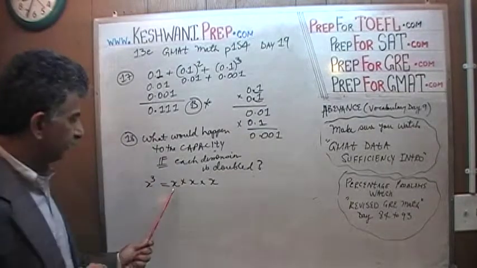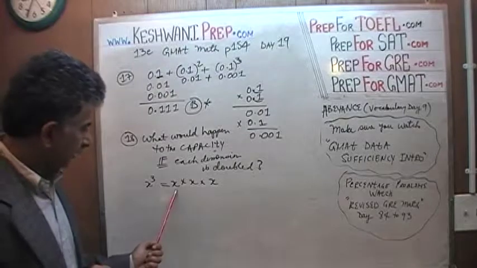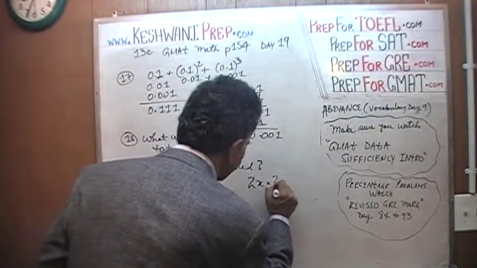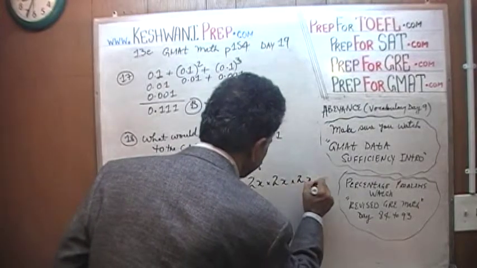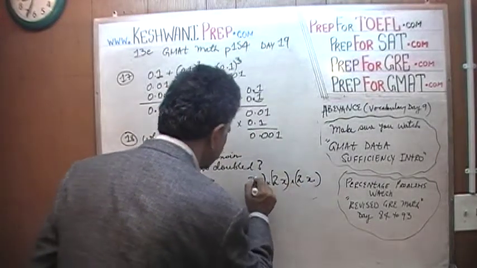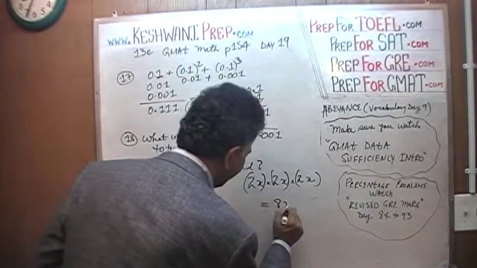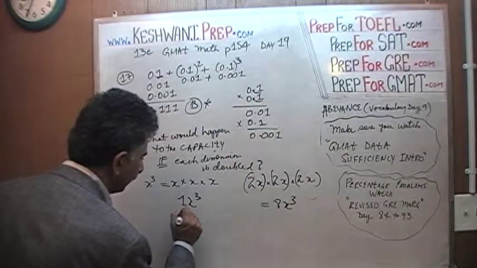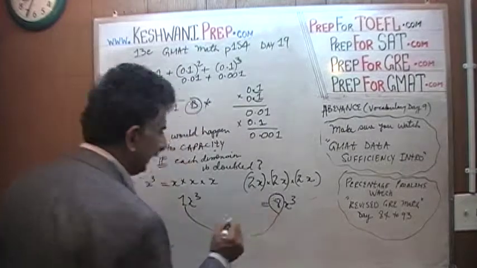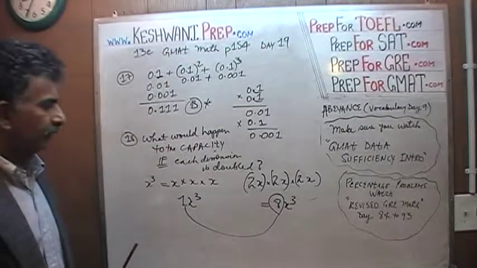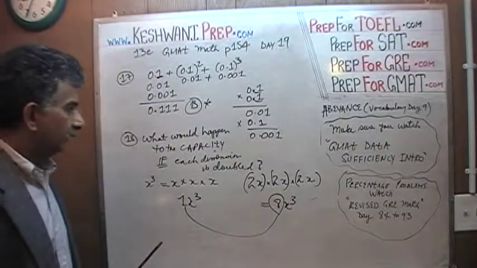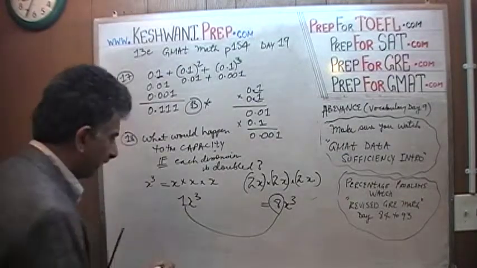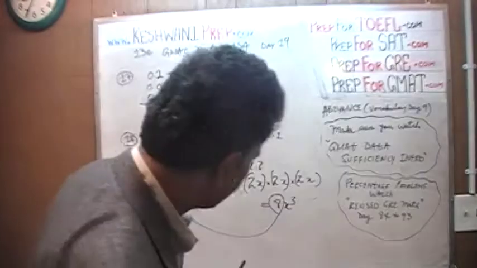But if you take each of these dimensions and double it, you end up with 2x times 2x times 2x, which becomes 8x cubed as opposed to x cubed. As you can see, we go from 1x cubed to 8x cubed. So in this example, the initial capacity is 10 cubic feet, and the new capacity is going to be 80.